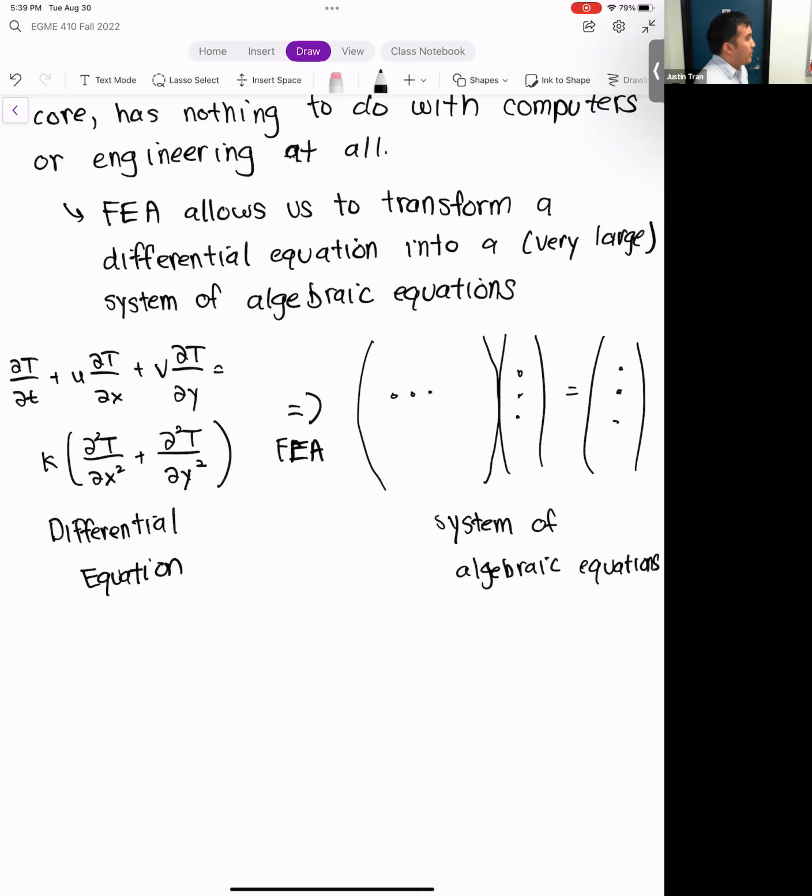When FEA was first proposed as a theory, on the left-hand side we have a really difficult math problem. And then we do FEA, we go through all these really complicated procedures, shape functions, assembly, stuff like that. And what do we get from doing all that work? A really hard math problem.